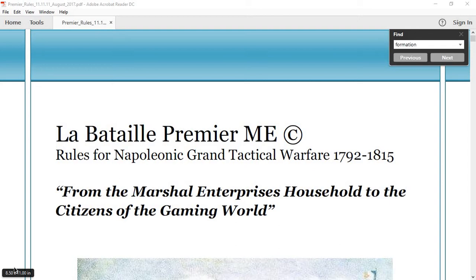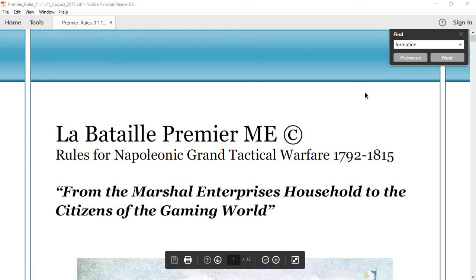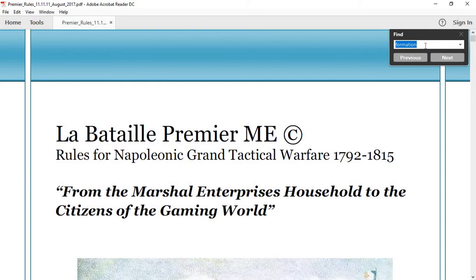Now, recently reading my hard copy of these rules, I noticed the term formation is used a lot throughout the rules, and I wondered, but didn't take a look at, so I'm going to do that now. Is the word being used consistently, and how is it being used?